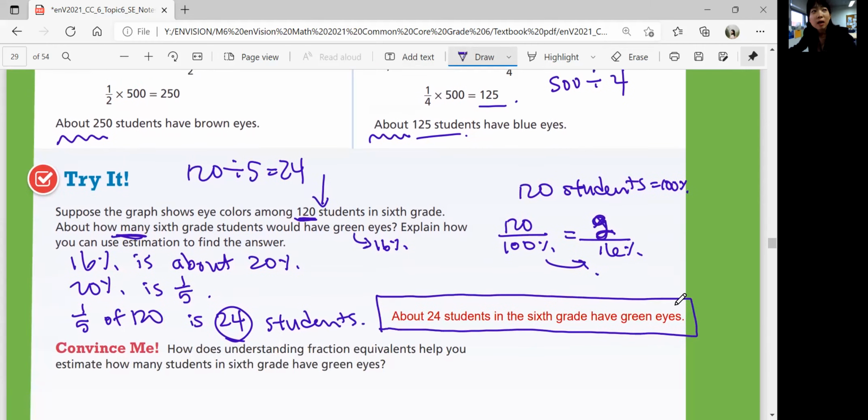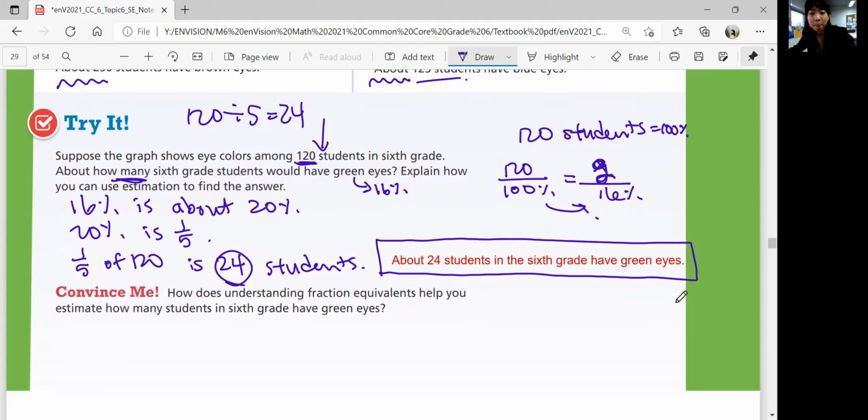All right, convince me. How does understanding fraction equivalence help you estimate how many students in 6th grade have green eyes? Why do you need the fraction equivalent to the percentage that you have here? Why do we estimate, well, after we estimated 16 to 20%, why do we convert the percentage into the fraction?